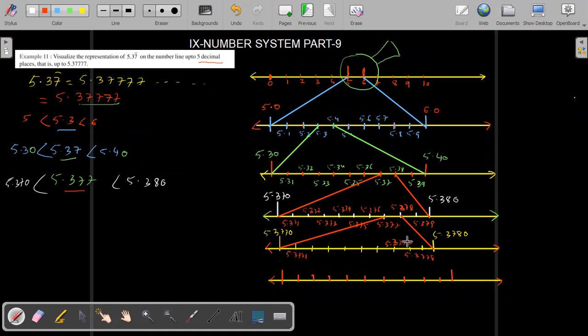Now 5.3777 and 5.3778. Every time we are increasing one zero.